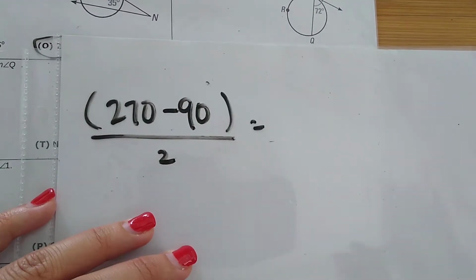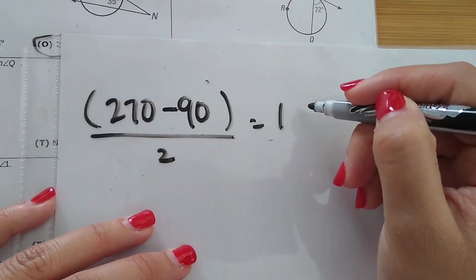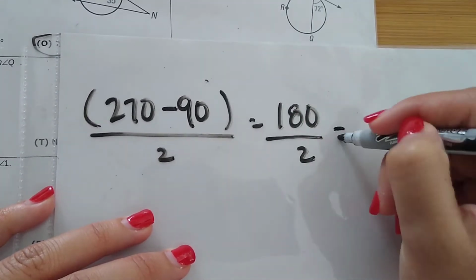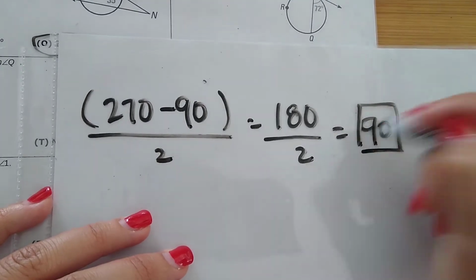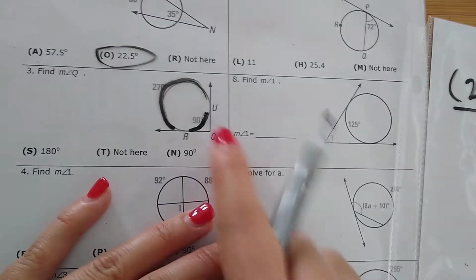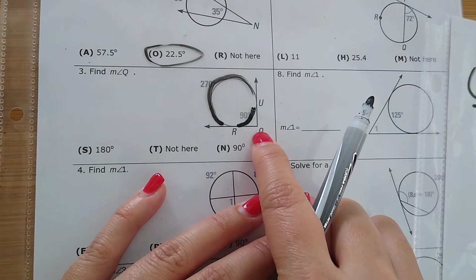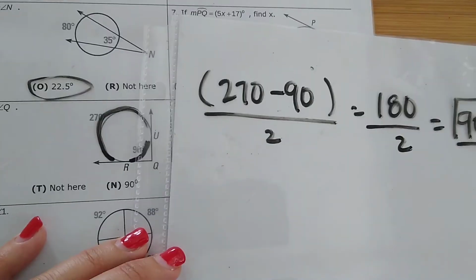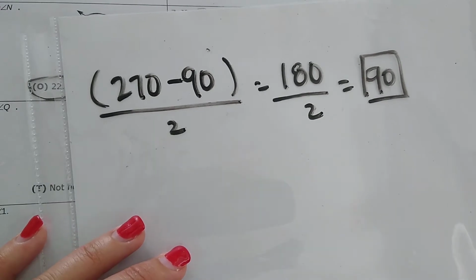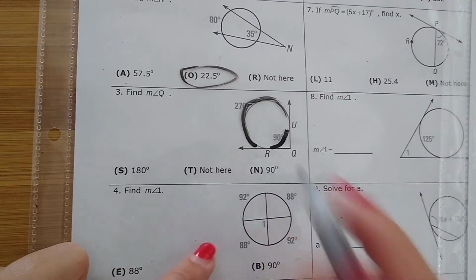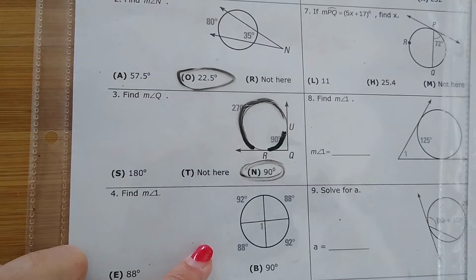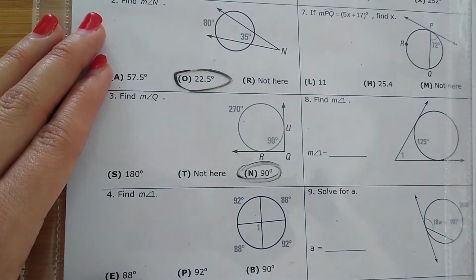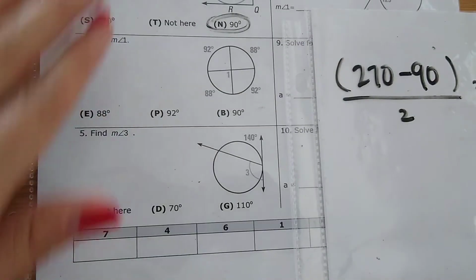That equals 180 divided by 2, which is equal to 90. And then right off the bat too, it looks like it was a 90-degree angle, but then again, I want to make sure that I'm using the equations to go ahead and make sure that my answers are correct, and I'm not just assuming that it looks like a 90. Okay. Alright, so let's go ahead and move on to the next one.